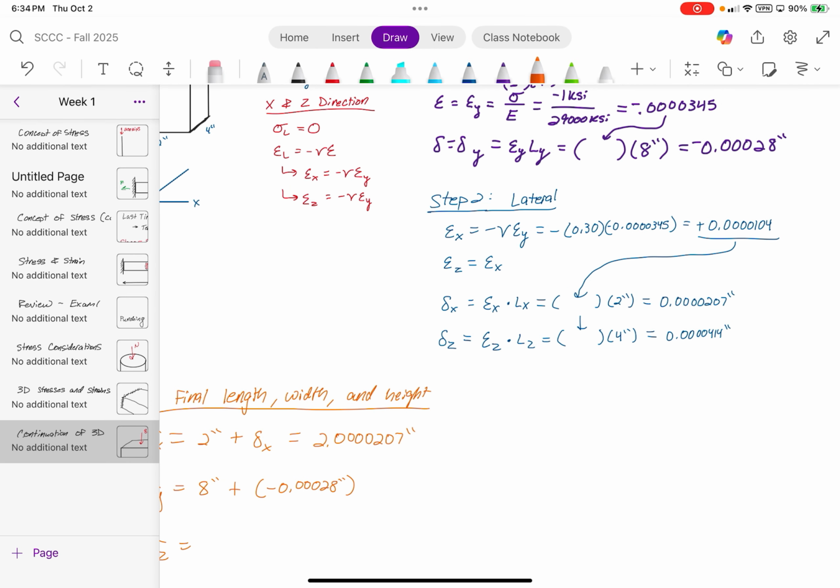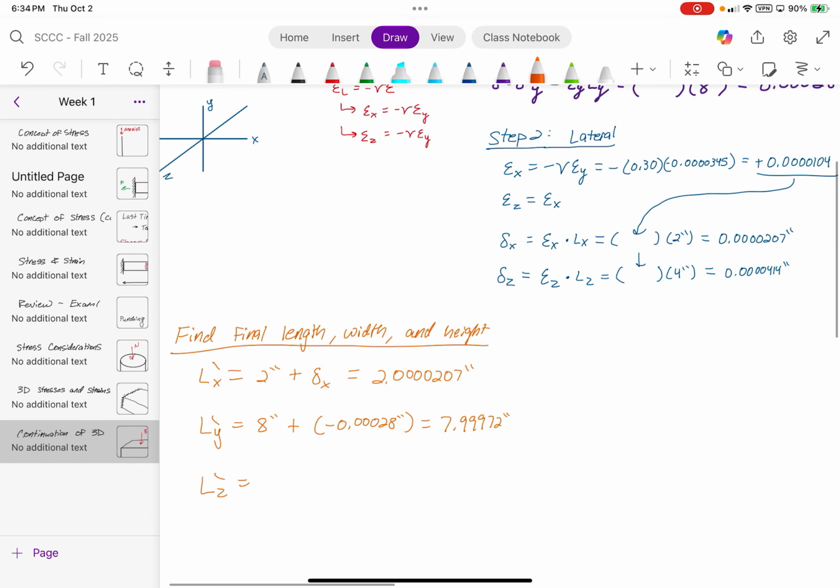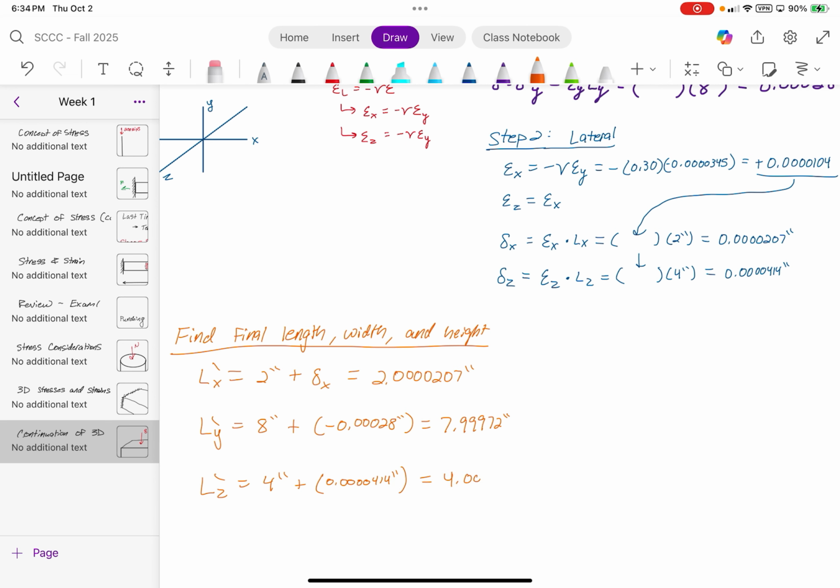The negative came from the negative value that we had up here because we specified it was in compression, which gives us 7.99972 inches. And then in the z direction, 4 inches plus 0.0000414 inches, which gives us 4.0000414 inches.